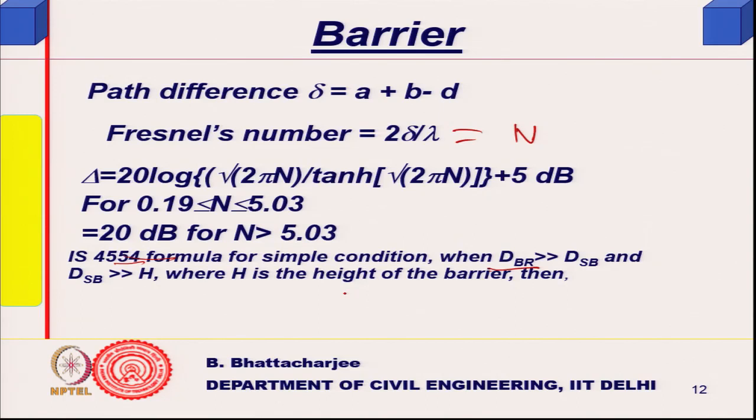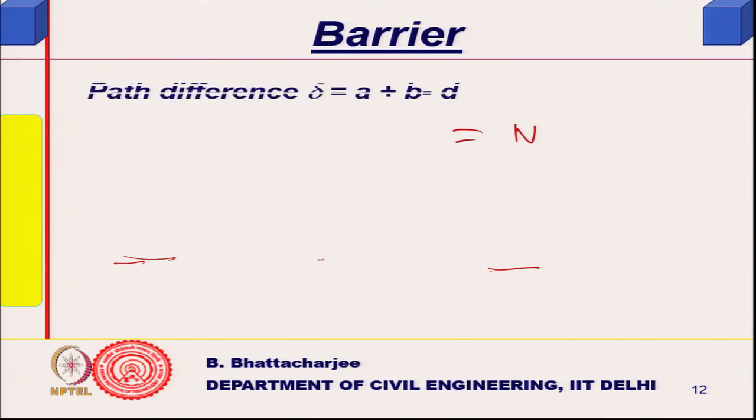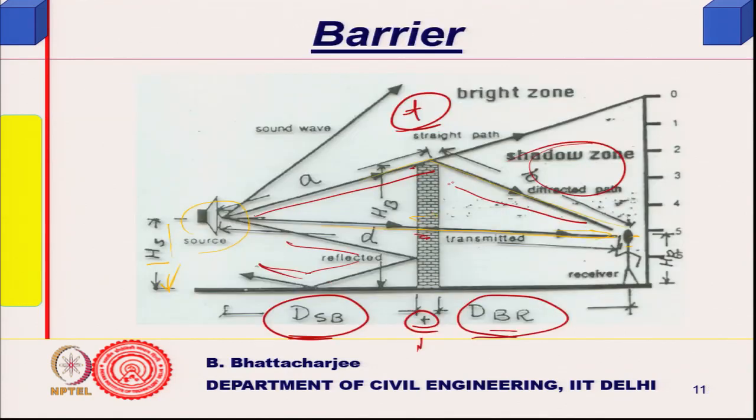So, let us see what is this A plus B plus D. Let us get an expression for A plus B plus D first. What is A? One can calculate A from here.